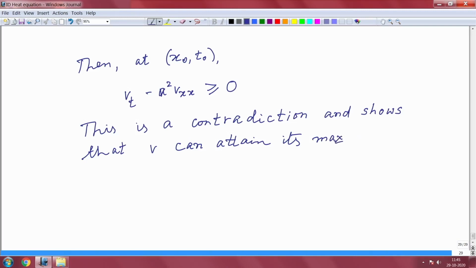Maximum only on... So what we have proved for V is referred to as strong maximum principle. Okay. Such a claim we cannot make for u, that is why we call it weak maximum principle.